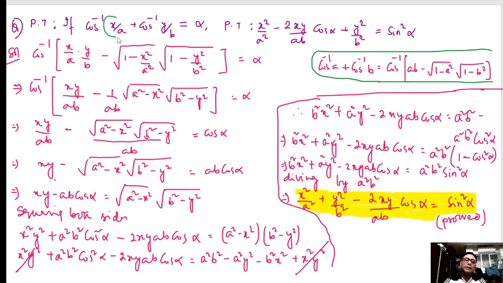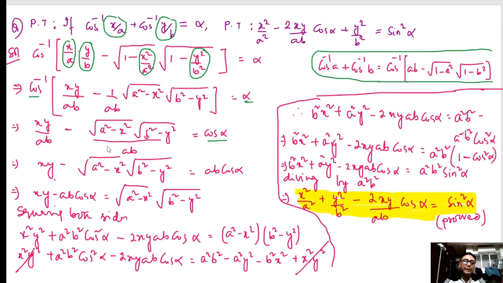This is our a, this is our b, and we are applying the formula: cos inverse of ab minus root over 1 minus a square into root over 1 minus b square. So solving this, we are getting this, and the cos inverse goes on this side, becoming cos alpha.